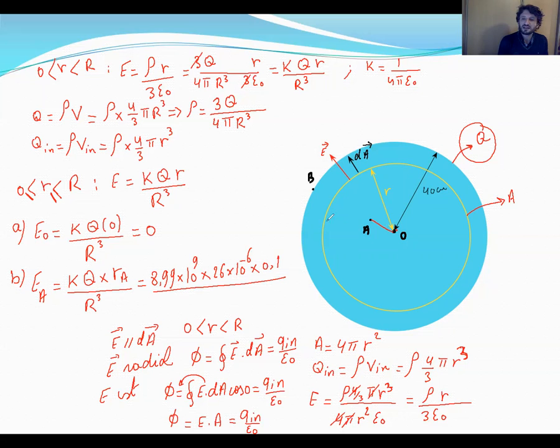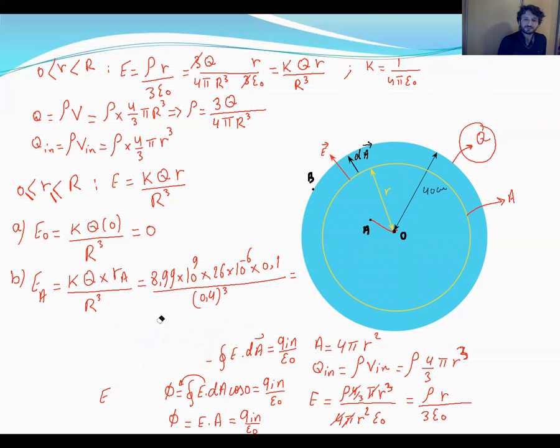You know the capital R equals 40 centimeter, so we can say 0.4 cube. We get the value equals 365.